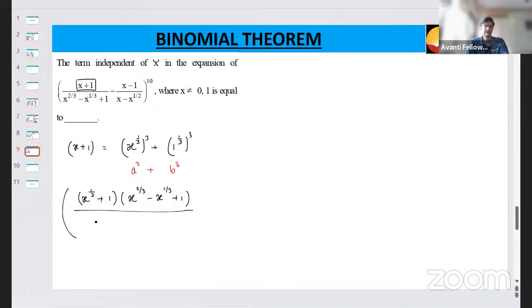And here नीचे तो क्या है, x minus 1 को I can write a square minus b square.